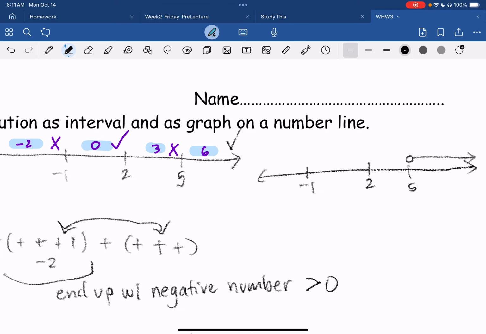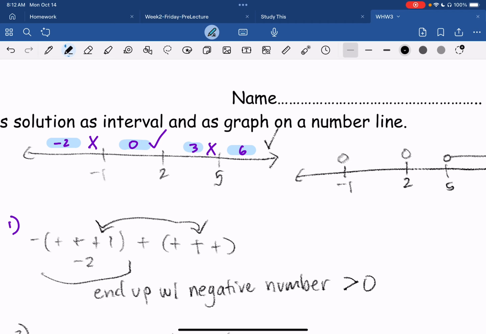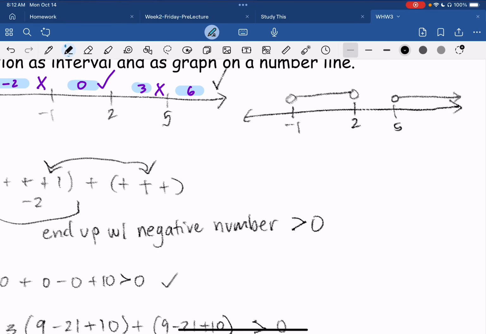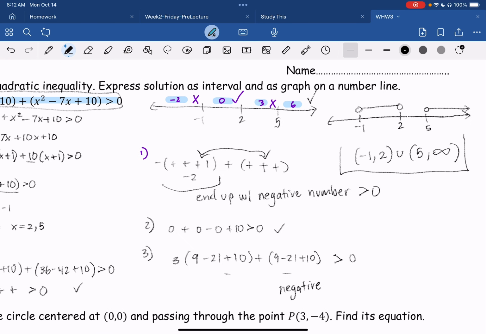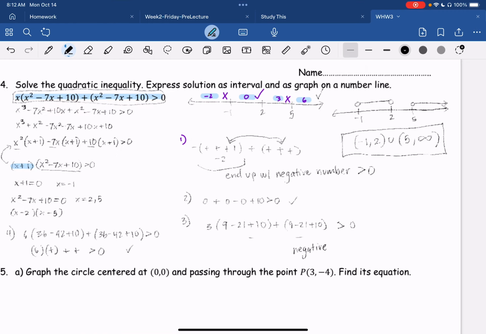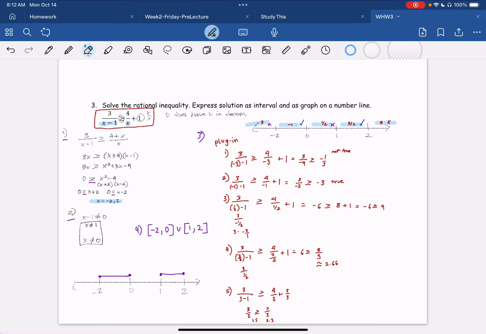So I do this, and between -1 and 2, these are open circles. 1 and 2, lines like this. Okay, now this should be easy to convert into interval notation because it's just this. So this is the answer. And yeah, this is the final work of this one, and this is the final work of that one.